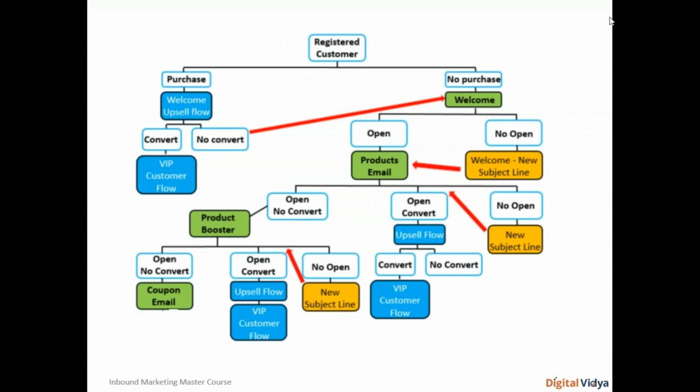Then you look at their behavior, whether they open your email or not. The folks who open your email get another email with product information. Then you look at whether they opened it but did not convert. People who opened it but did not convert, you send them another email which is a product booster.